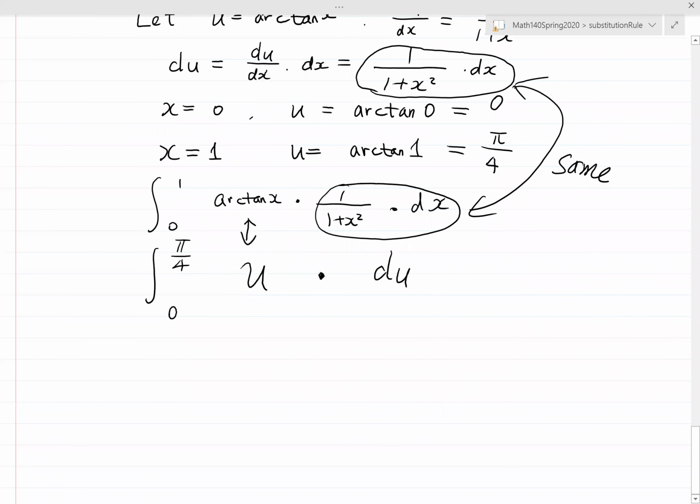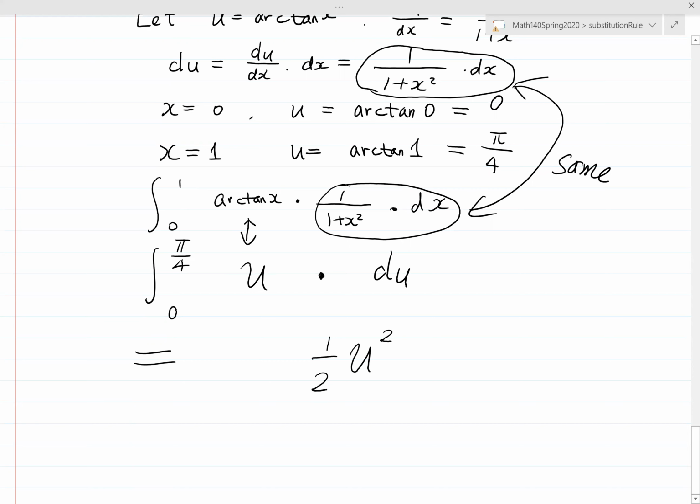u du is in the antiderivative table, which is the power rule. So u has an antiderivative by the power rule: increase the exponent by 1, so power 1 becomes power 2, and then divide. So it's 1/2 u squared. This is the antiderivative of u.